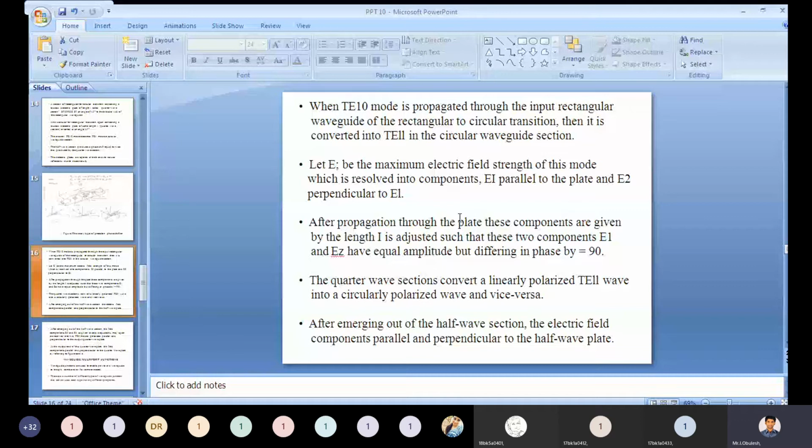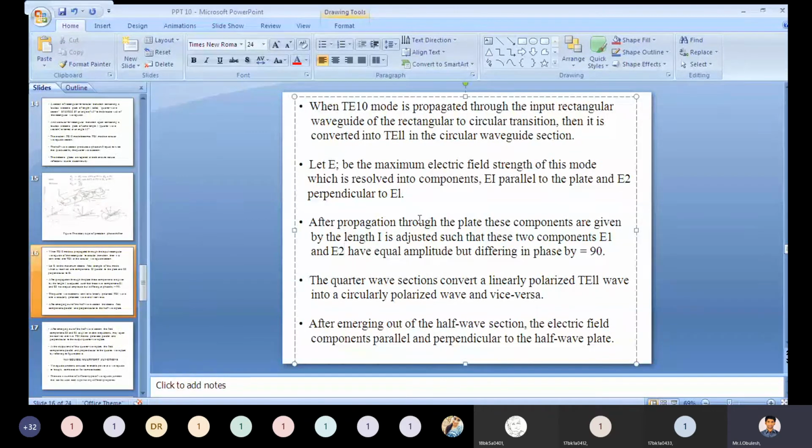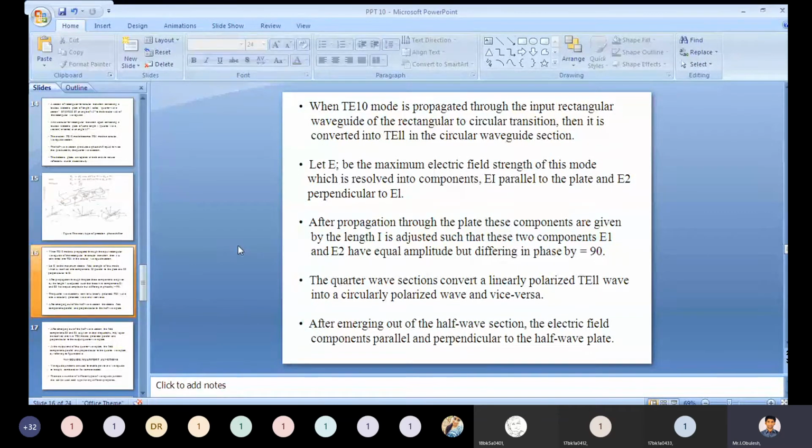After propagation through the plate, these components are given by the length l, which is adjusted such that the two components E1 and E2 have equal amplitude but a different phase.